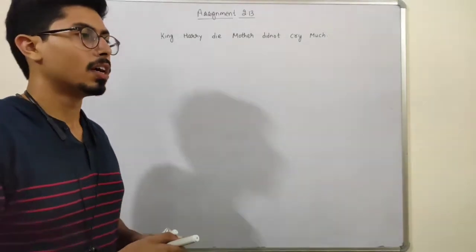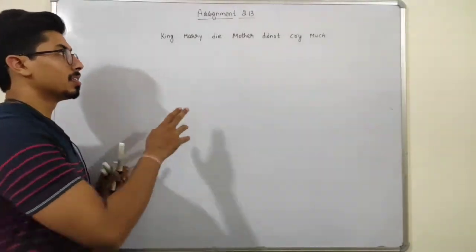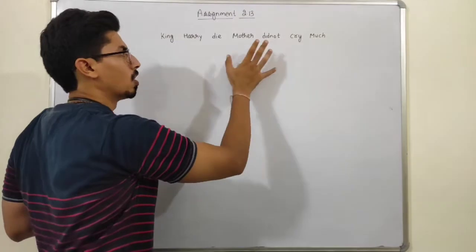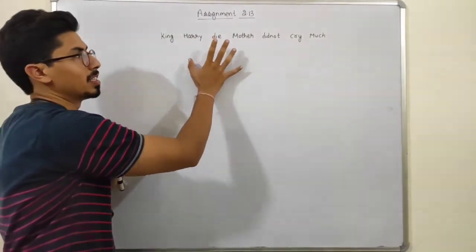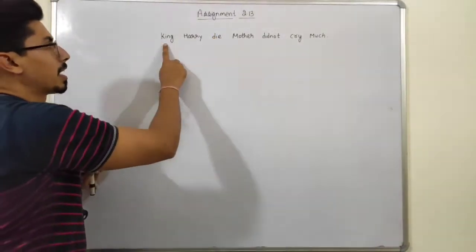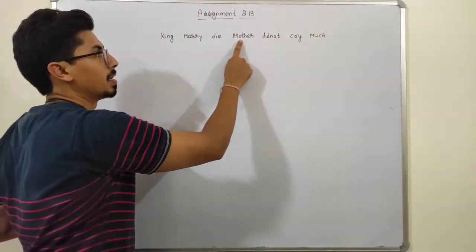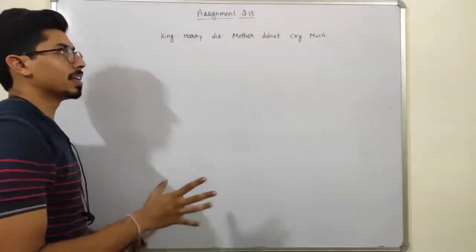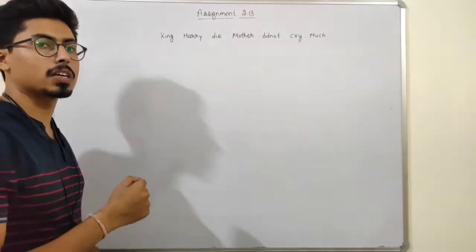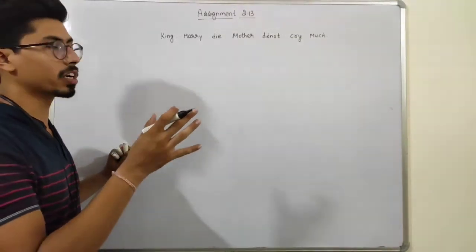something like this. For these conversions, you have to learn this sentence: King Henry died, mother did not cry much. It is a short trick to learn all the conversions.